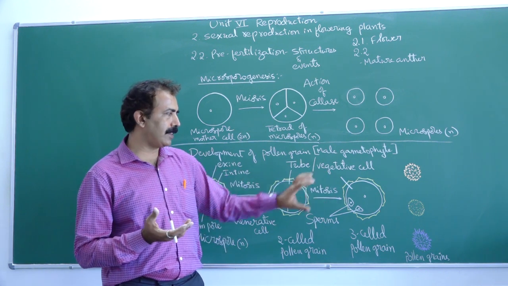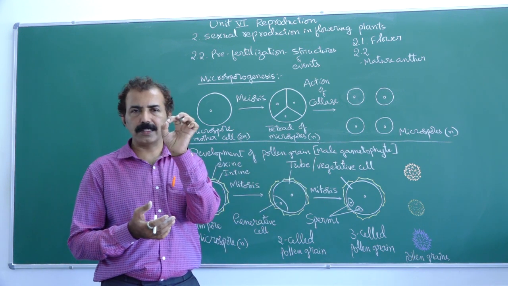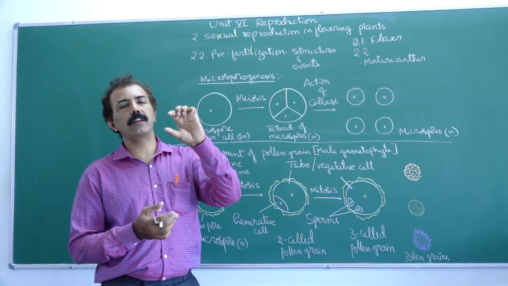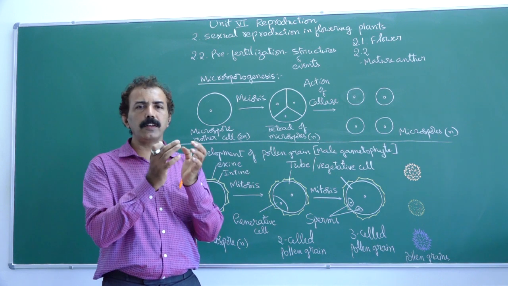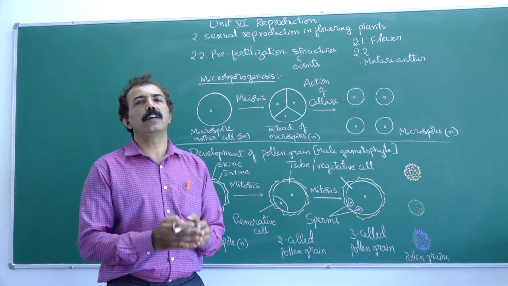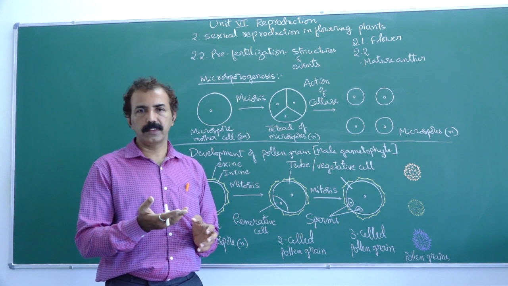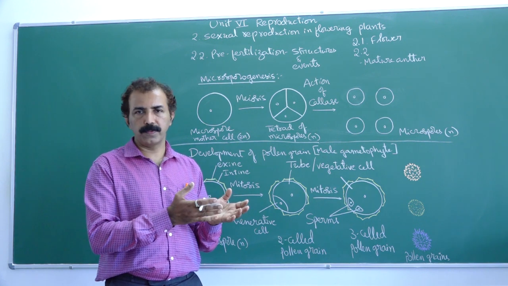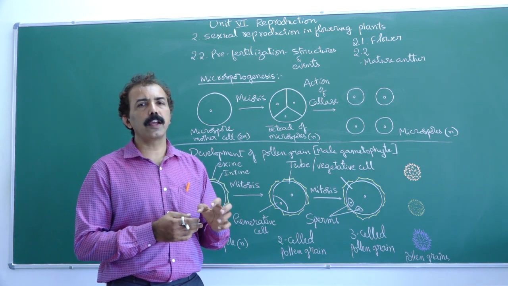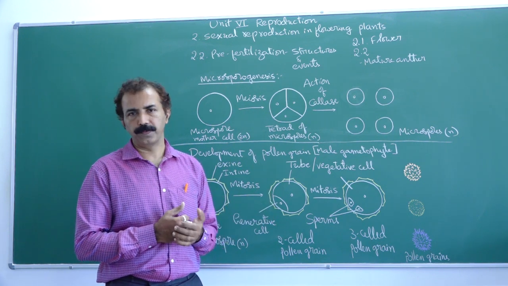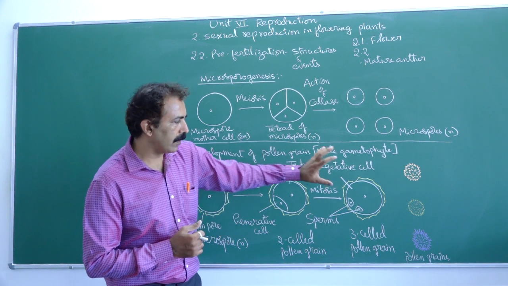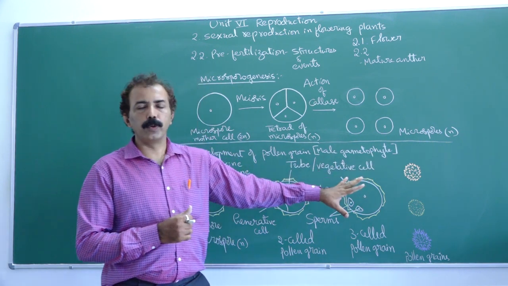You can simply freeze them, they are very small, dust-like. In a small bottle you can hold millions of pollen grains. They can be just packed and frozen in liquid nitrogen so that you can use them later. We call this process cryopreservation. So these are some of the utilities of pollen grains.